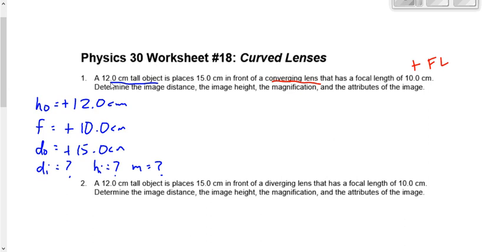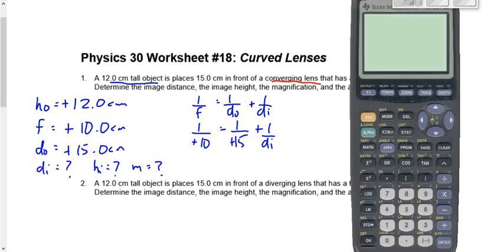You only have two equations. Just write down one and try it. If it doesn't get you an answer, write down the other one and try it. First of all, I'm going to say 1 over F is equal to 1 over DO plus 1 over DI. 1 over 10 equals 1 over 15 plus 1 over DI. Now, I showed you guys yesterday a little trick on the calculator if you're not good with fractions. I'll show you again.